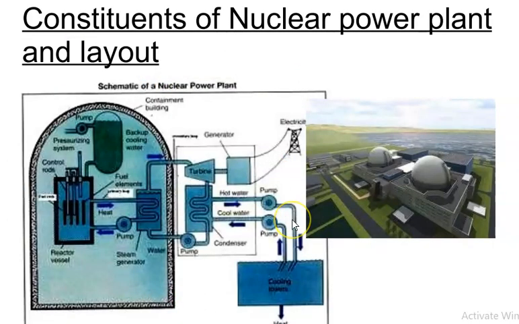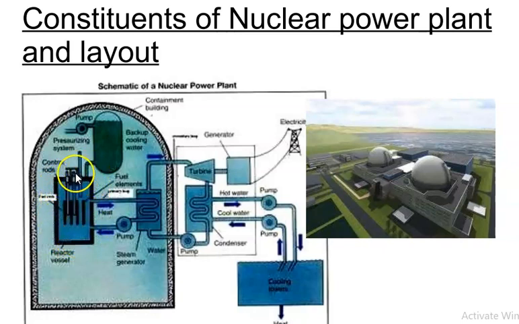Now we will discuss the constituents of a nuclear power plant and its layout. This is the schematic diagram of a nuclear power plant. Here we can see that the outermost lining is the containment building, which is also called biological shielding. The nuclear reactor vessel is kept inside the containment building.